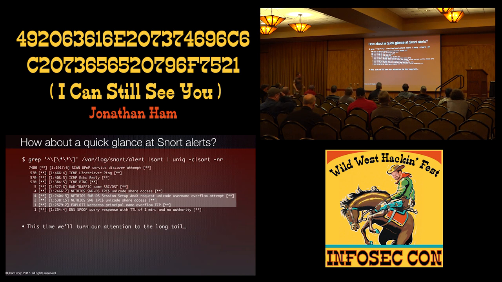All right. In this case, though, when I was looking at the open ports, I just decided on instinct to jump to the most used unusual ports. But for this, I think I'm going to go with long tail analysis. I'm going to look at the least frequent alerts, the least frequent events. So I see a bunch of NetBIOS SMB Unicode username overflow attempt alerts, right?